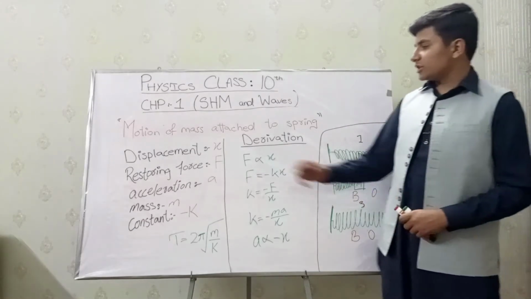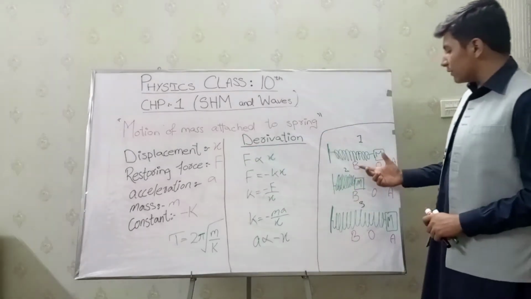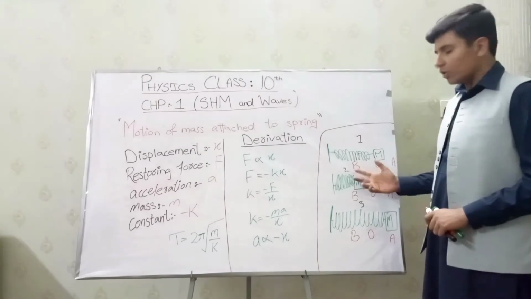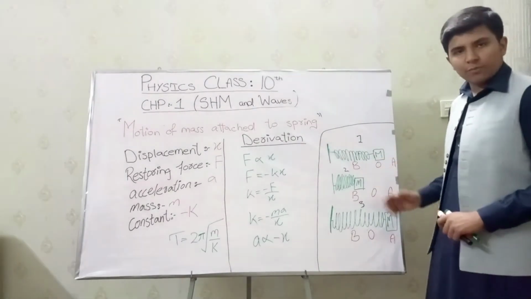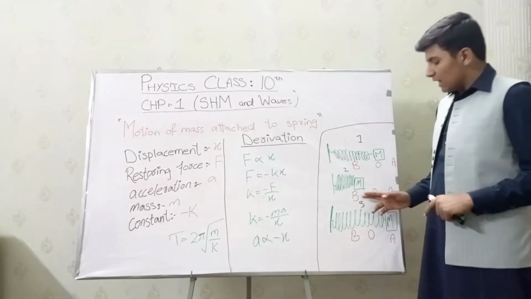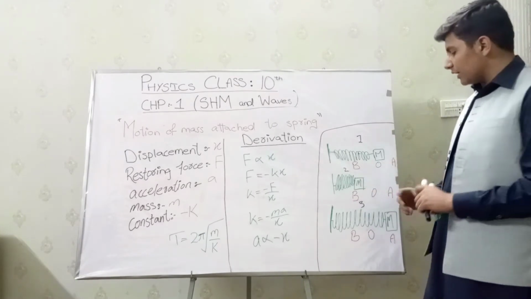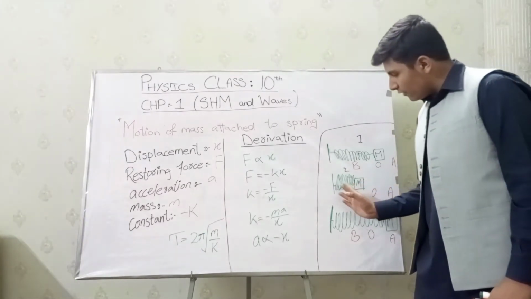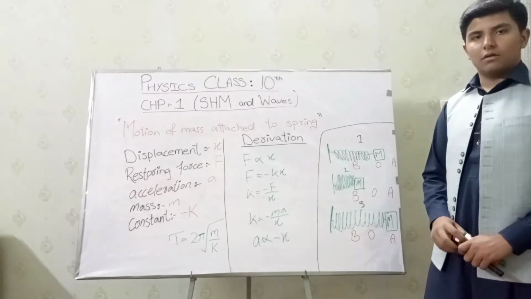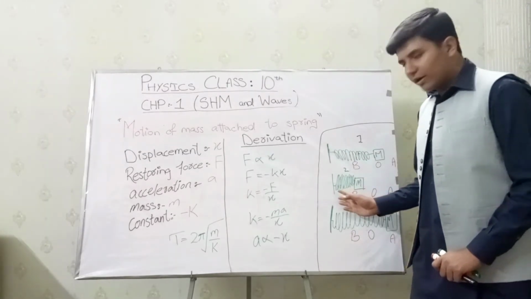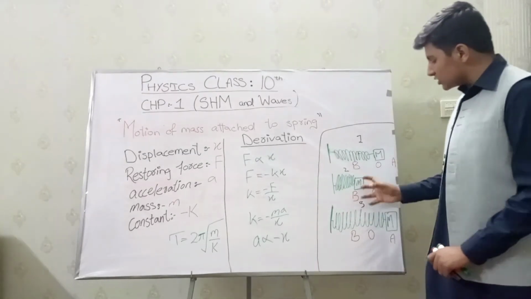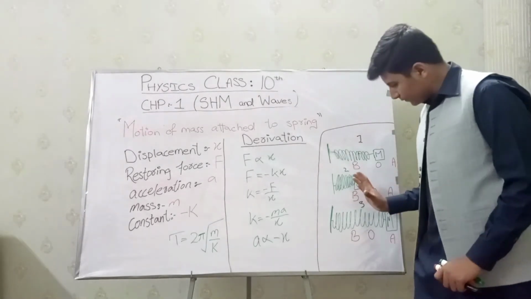I'll be telling you that the displacement in number 1 diagram is 0, because the mass is at its original position. In number 2 diagram, the displacement is covered in the negative side. It goes nearer to the extreme position B. It is not pulled up, it's pushed.